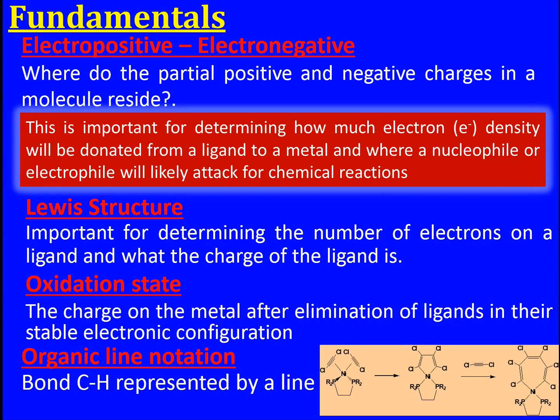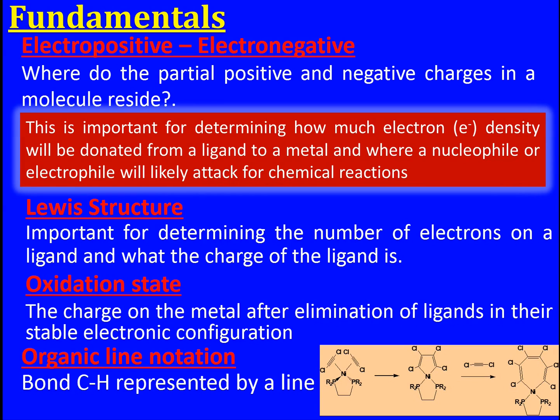If you have to add 2 electrons, this ligand is 2 minus. And from the Lewis structure, we can know the site of binding in the structure, and we can also know the donation of electrons. And I repeat, there is a difference between the charge of the ligand and the donation of the ligand.